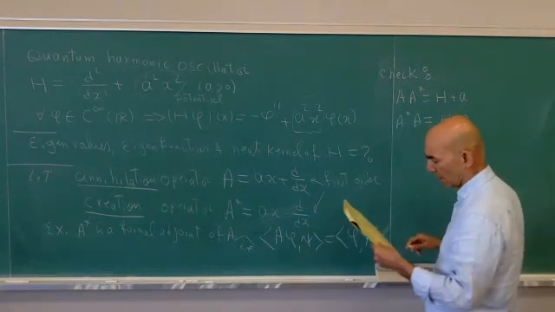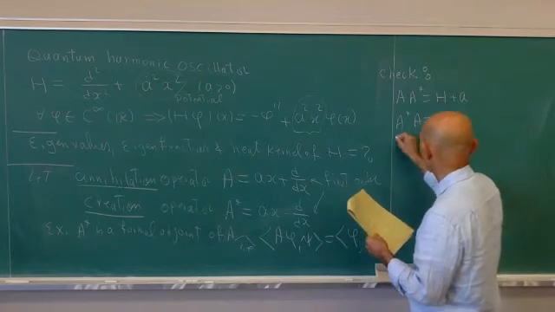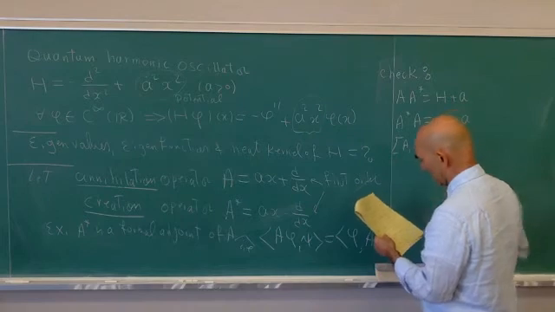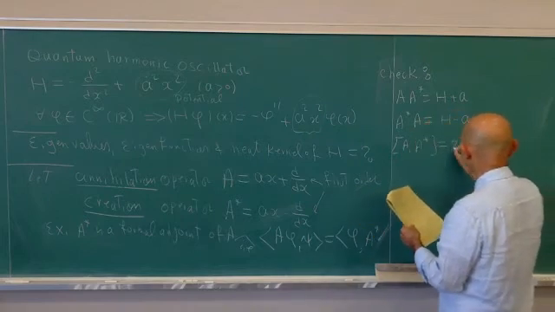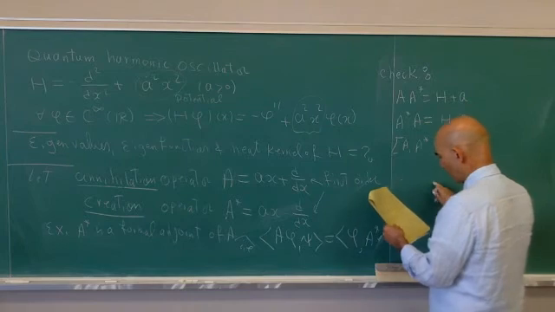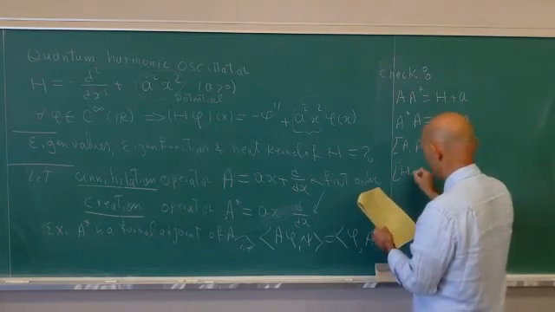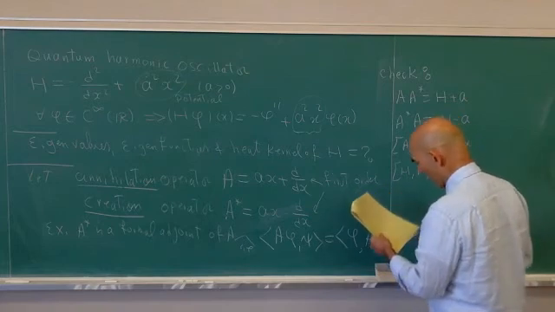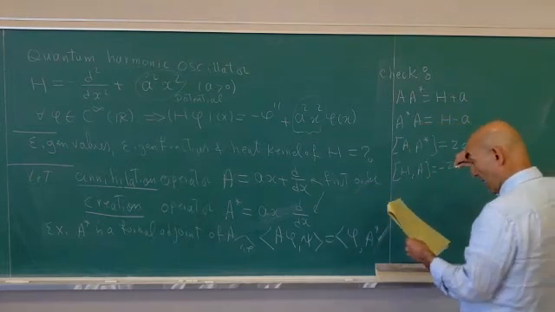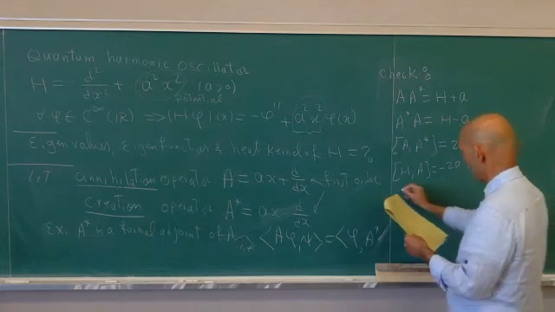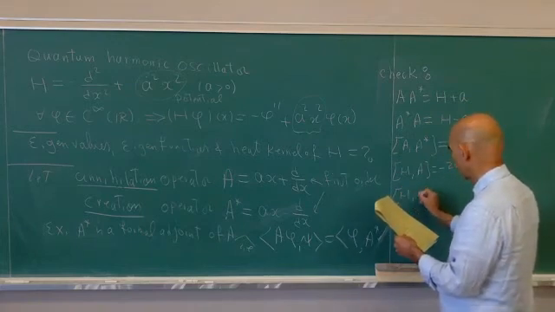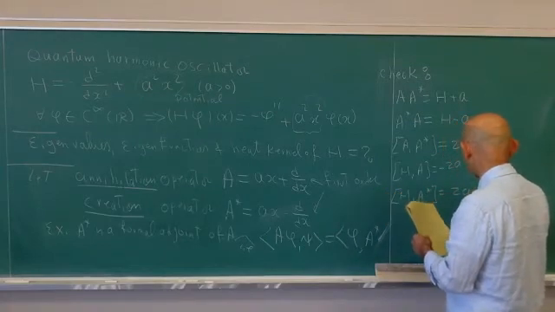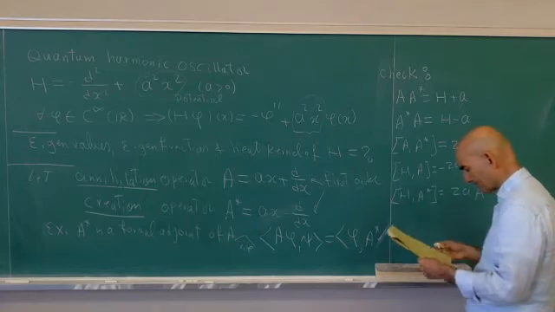These are elementary to check. Commutator of A A star equal to 2A, commutator of H and A equal to minus 2A times A, and commutator of H and A star is equal to 2A A star.